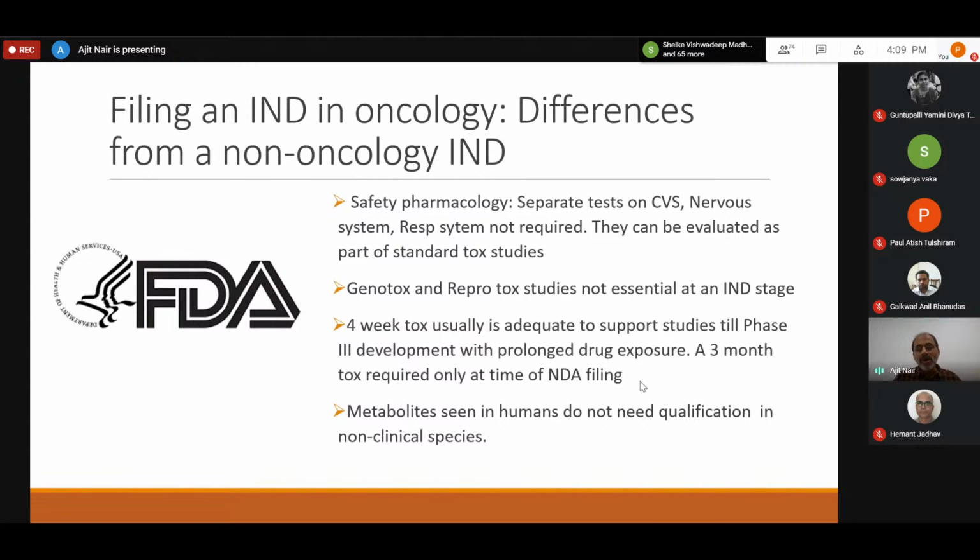And these things in an oncology setting don't matter because oncology per se is a difficult to treat disease with very compromised overall survival rates. Therefore, the FDA or the EMA has a more lenient view on some of the things which are required for non-oncology products but are waived off for oncology compounds. So that's one of the key stark differences of an IND for an oncology versus a non-oncology application.